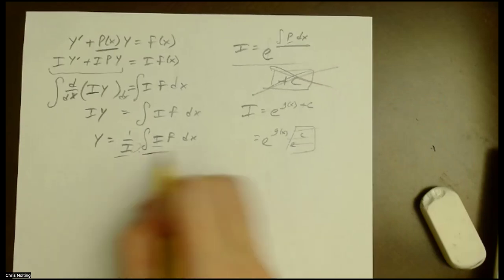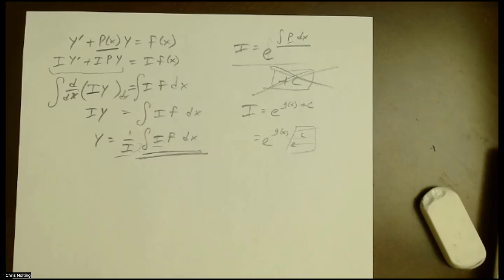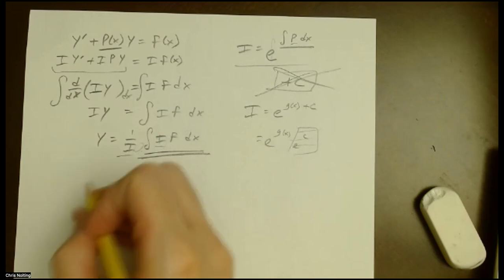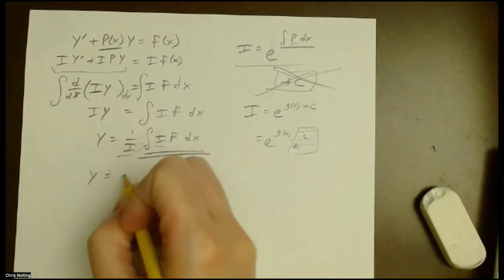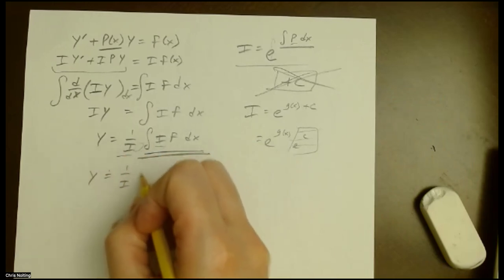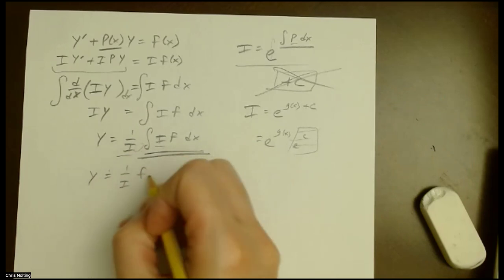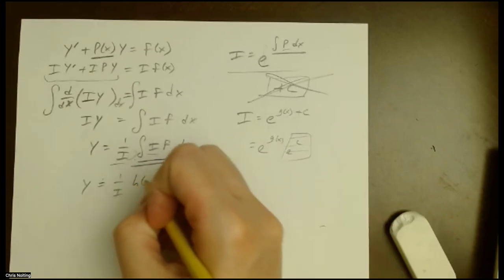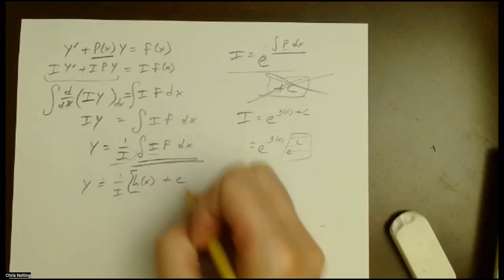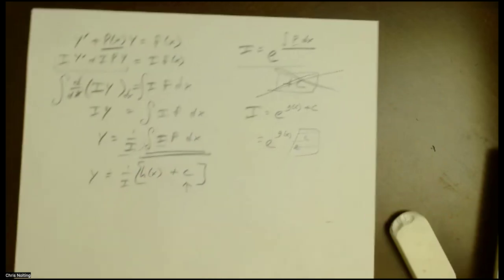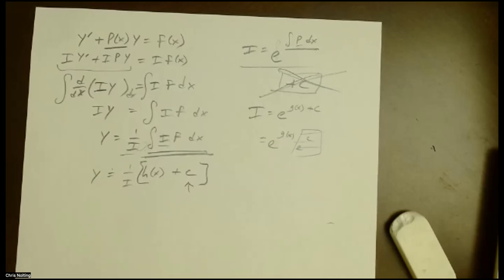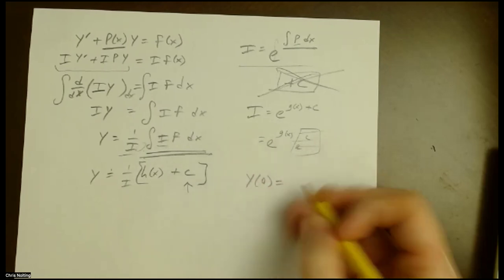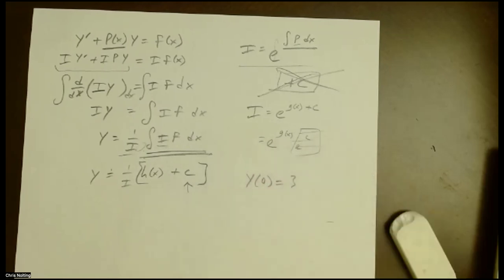But when we evaluate this integral, we do need to account for the plus c. So we will get, in this case, 1 over I, and then let's just say that this becomes some h of x plus c. This one is going to be important because we might have some initial condition like y of 0 equals 3 or something like that.